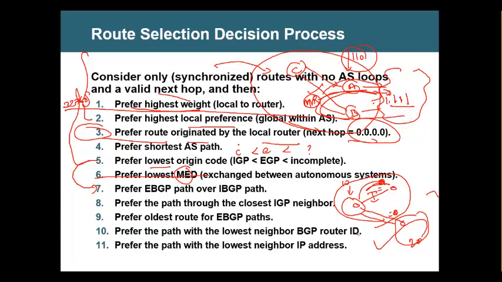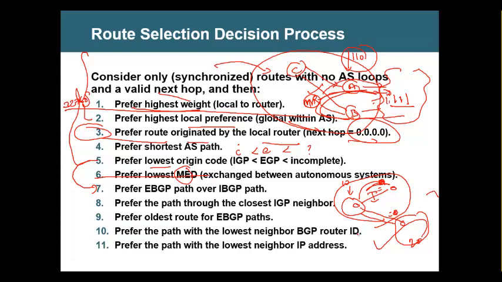Don't forget, preferring EBGP over IBGP is not the very first attribute. Someone will say something, and the other will say, it is because EBGP is preferred over IBGP. You cannot say like that blindly for BGP. That's wrong. No, it's because BGP prefers EBGP over IBGP.